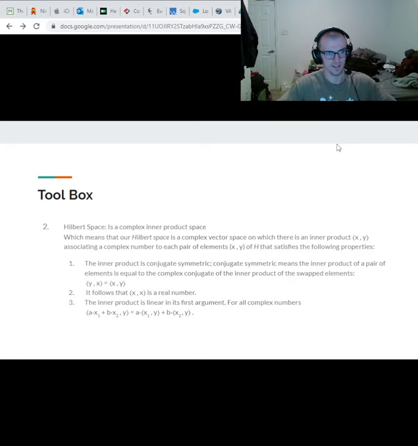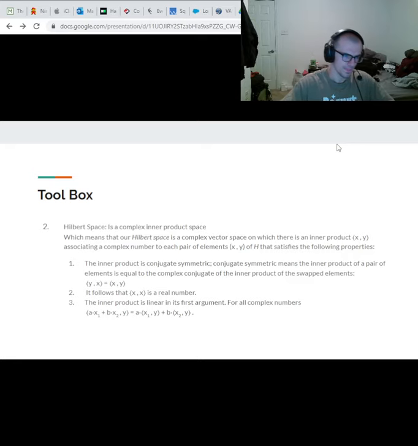The first one is conjugate symmetry. This means that the inner product of a pair of elements can have those elements inverted and still produce the equivalent answer or inner product.